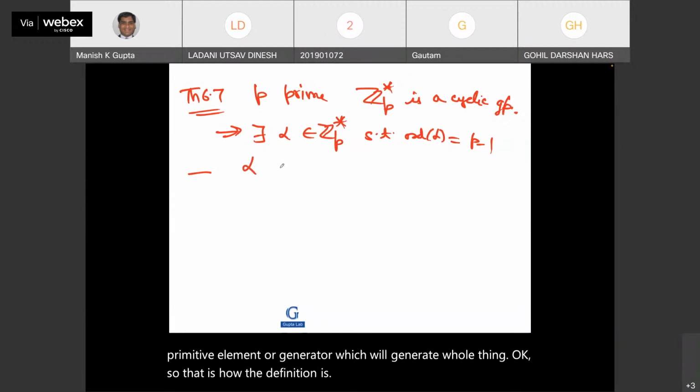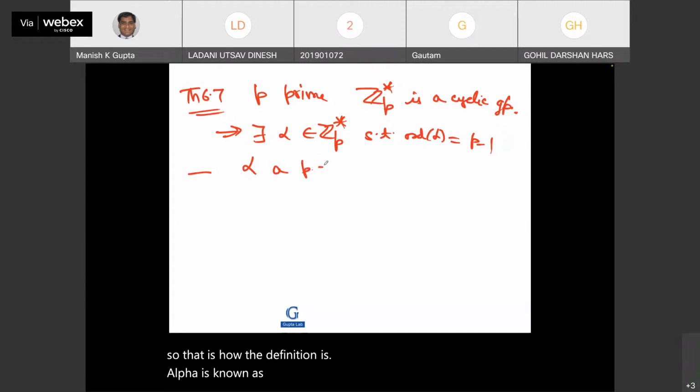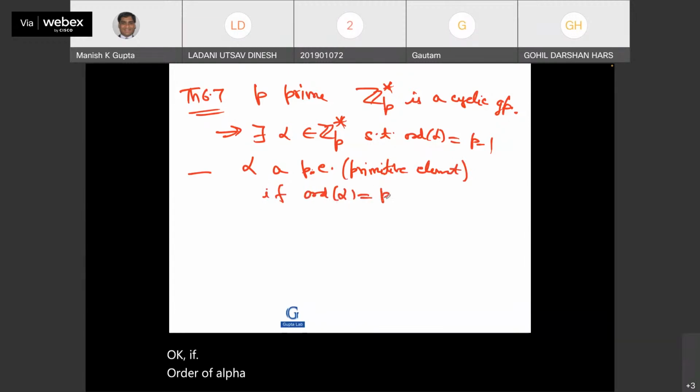Alpha is known as a primitive element, if the order of alpha is equal to p minus 1.